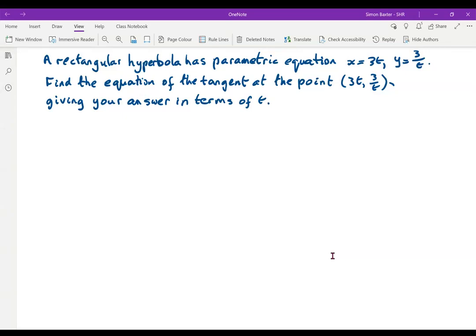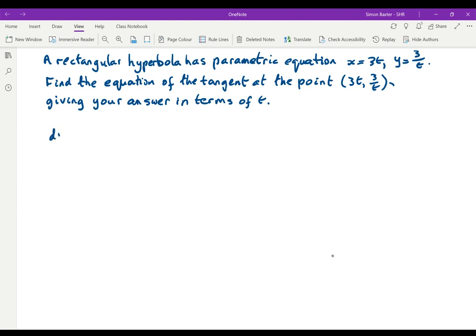Well, now let's have a look at another example. This time we have a rectangular hyperbola, and its parametric equation is x equals 3t, y equals 3 over t. Find the equation of the tangent at the point 3t, 3 over t in terms of t. So again, we need the gradient.